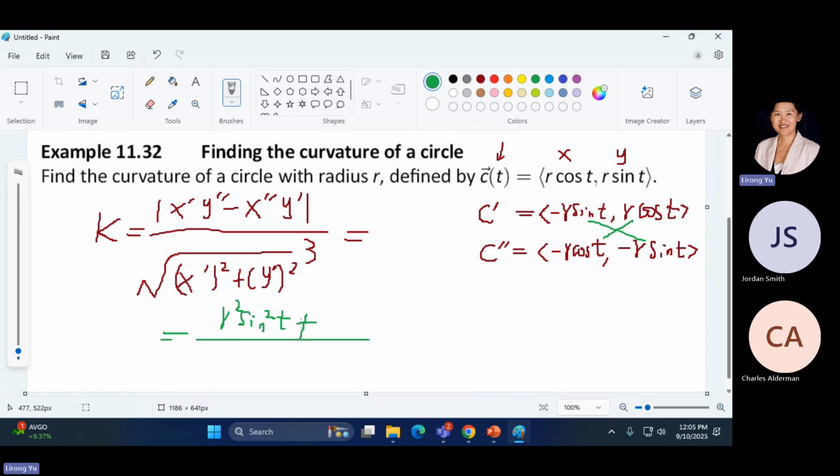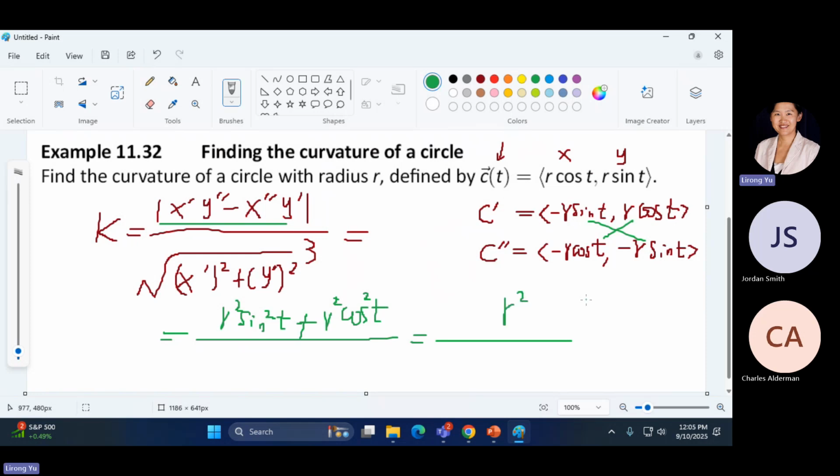So it ends up being a plus r squared cosine squared. That's the numerator part, the cross product of the two derivative vectors. Factor out r squared, cosine squared plus sine squared equals 1, so the numerator is equal to r squared.